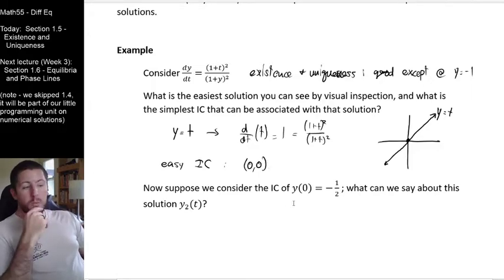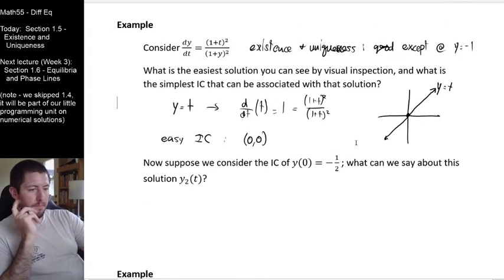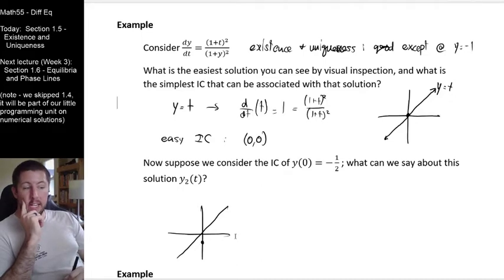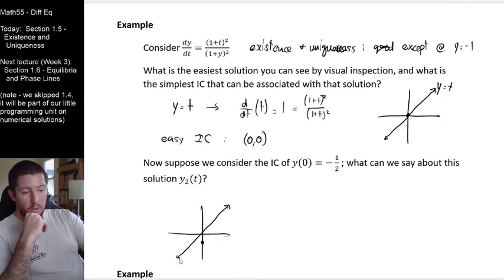So now suppose we consider the initial condition that's located at -1/2. What can we say about this solution? Well, there's one solution that I know. We're now interested in this other particular solution that exists at -1/2. Because of existence and uniqueness, which we have at points like 0, 0 and at 0, -1/2, this can't be crossing anywhere else.